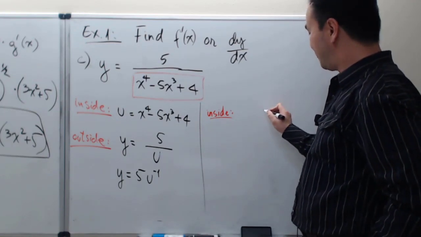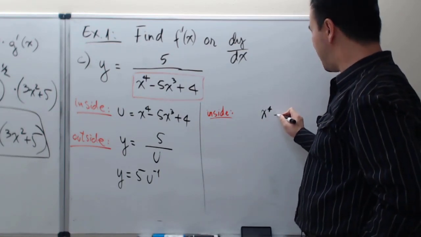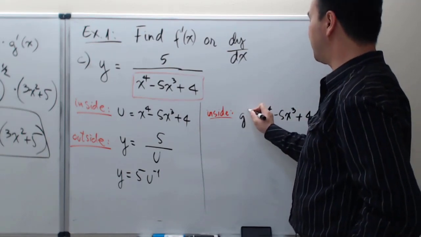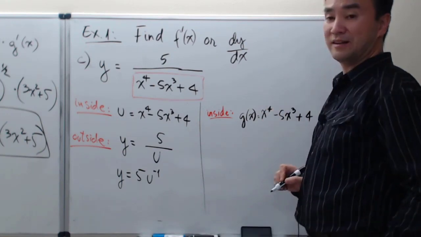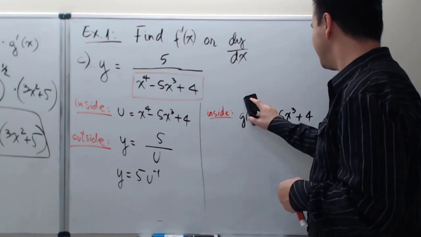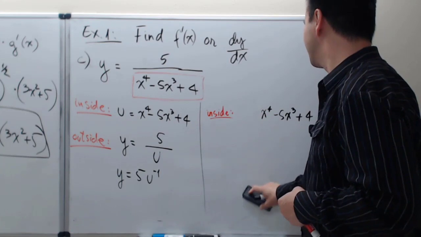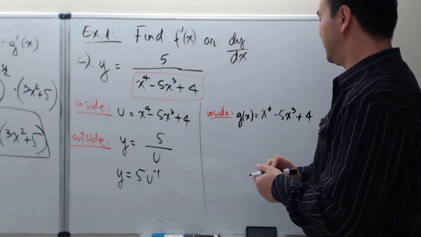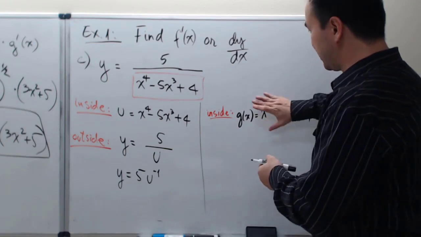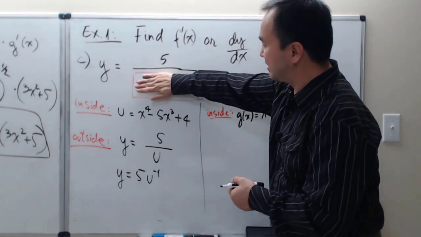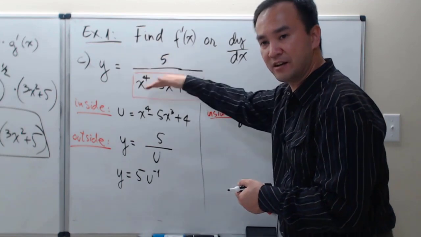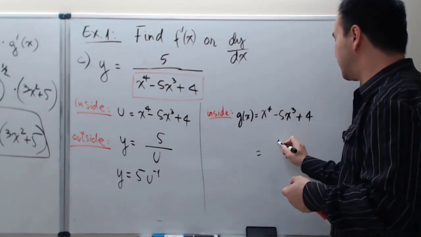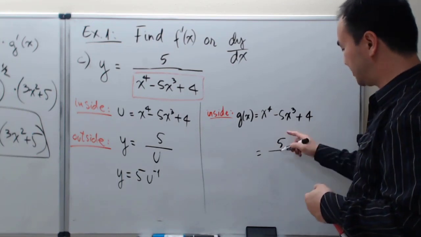So here I can regard all that x to the fourth minus 5x cubed plus 4 to be the inside function g of x. If we hide this away completely, it's just some variable in the denominator, so the entire expression looks like 5 over some variable.